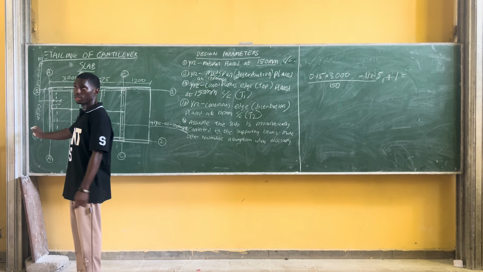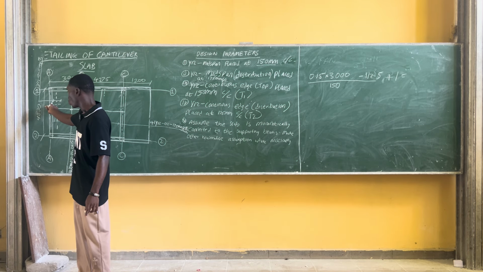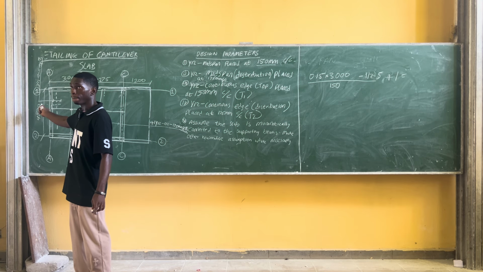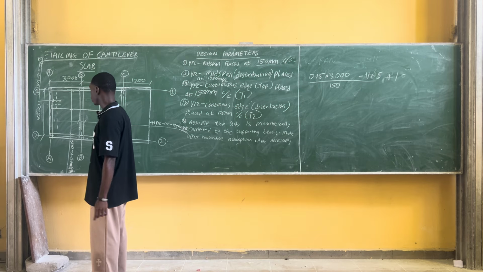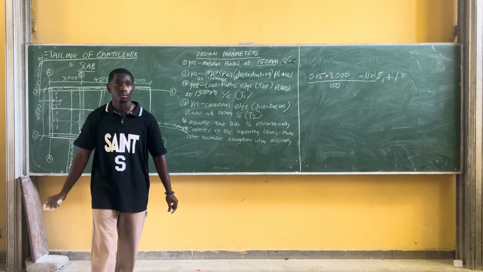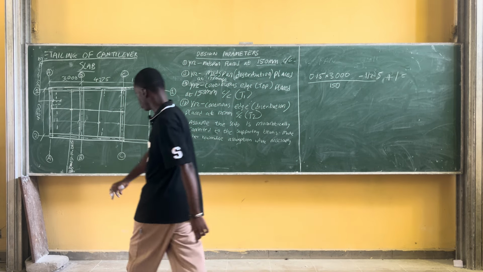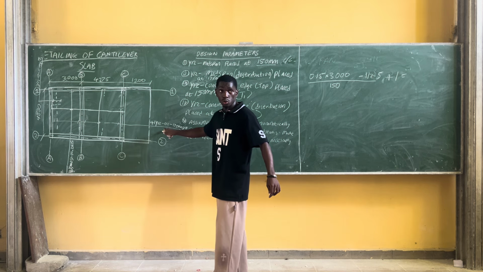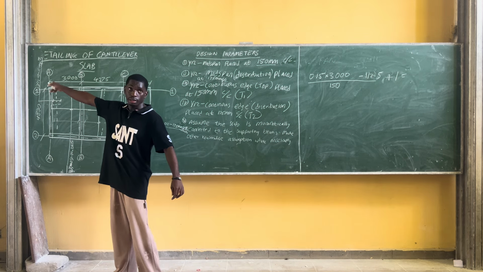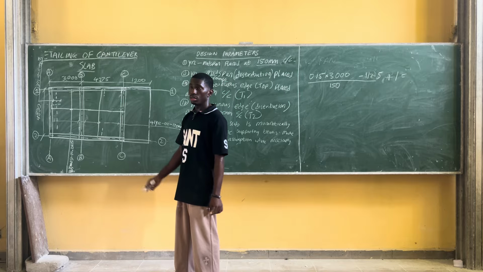So you guys understand? Because you are minusing this half wall size here. See our first bar mark 01, our second bar mark 02, and this is our third one 03. You understand? Are we clear?